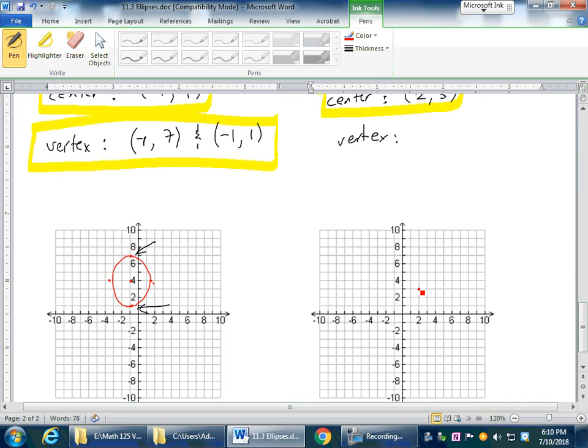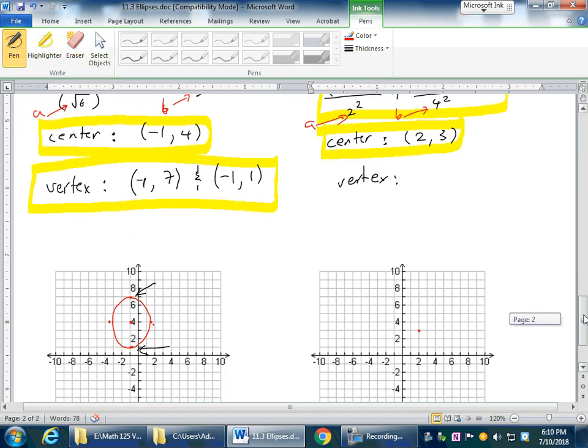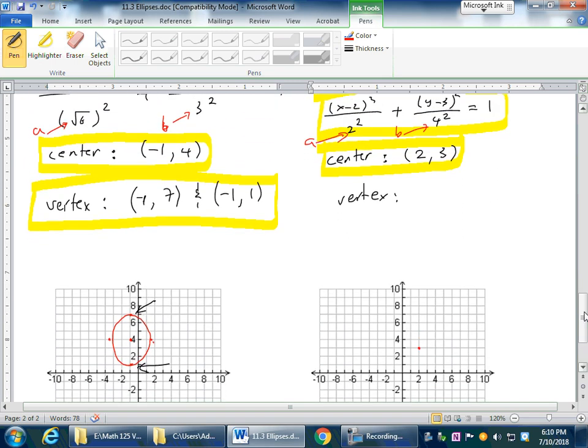Then I'm going to move left and right 2 units for the a part, because a is associated with the x. So left and right 2 units from the center. And then my b is 4 units up and down, so I go up 4 units, and I go down 4 units.